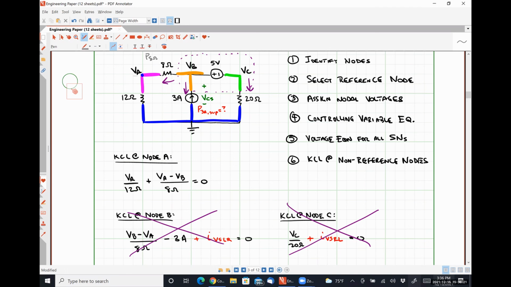So the voltage drop over the 8 ohm resistor, what's that gonna be in terms of my nodal voltages? VB minus VA or VA minus VB, I don't care, I'm squaring it when I get the power, right? So we don't really care which polarity we have when we're doing a power calculation for the voltage drop across a resistor.